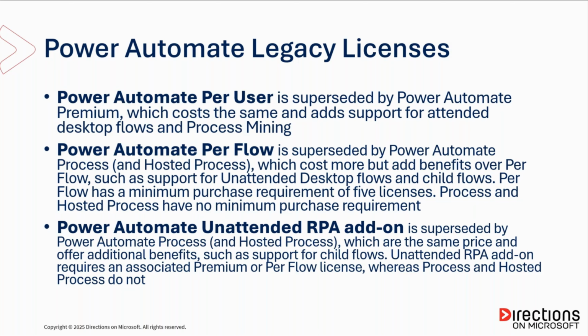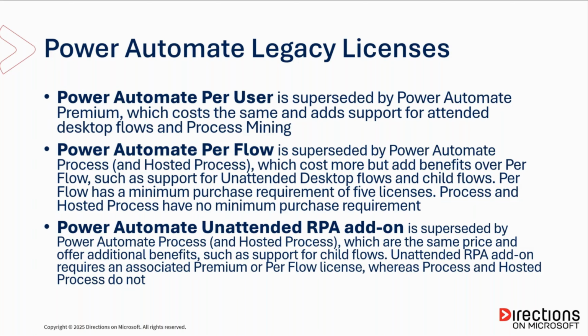That's superseded by Power Automate process and hosted process. The new licenses cost more, but they add benefits over per flow, such as support for unattended desktop flows and child flows. And furthermore, per flow has a minimum purchase requirement of 5 licenses, but process and hosted process don't have that minimum. Last, there's Power Automate unattended RPA add-on.